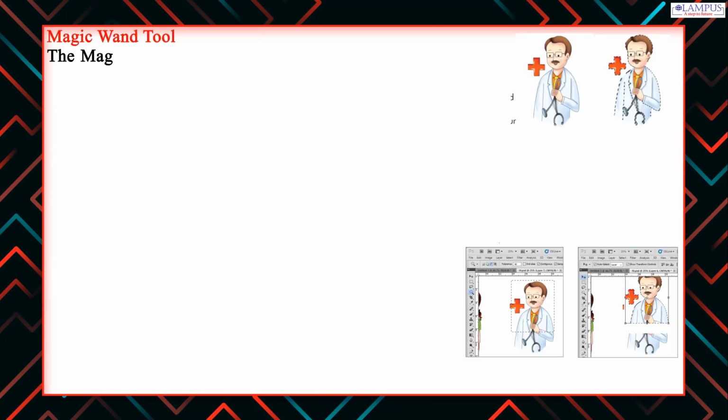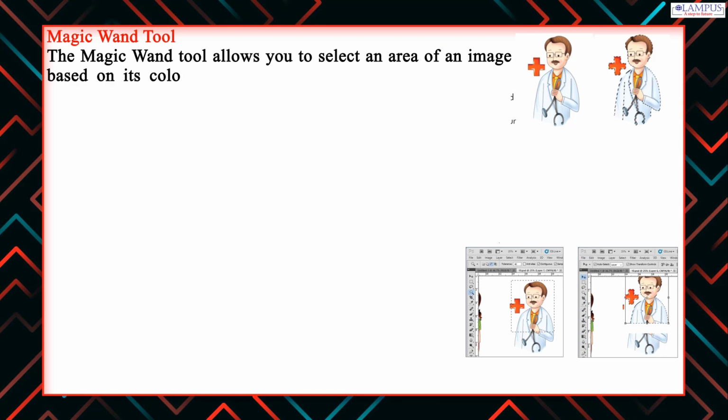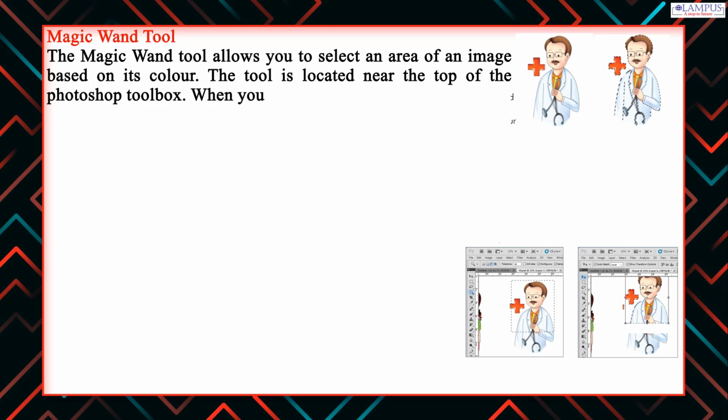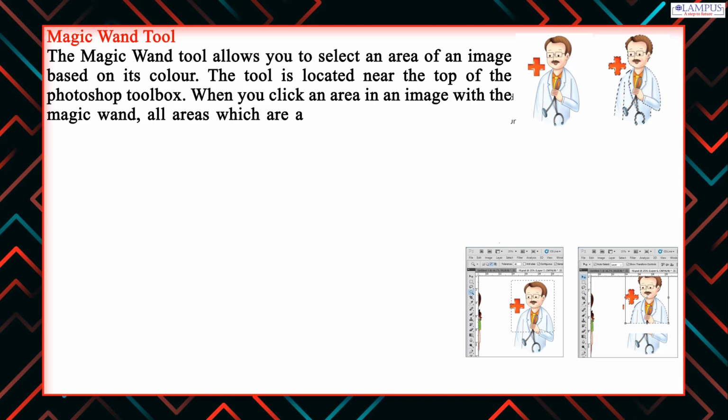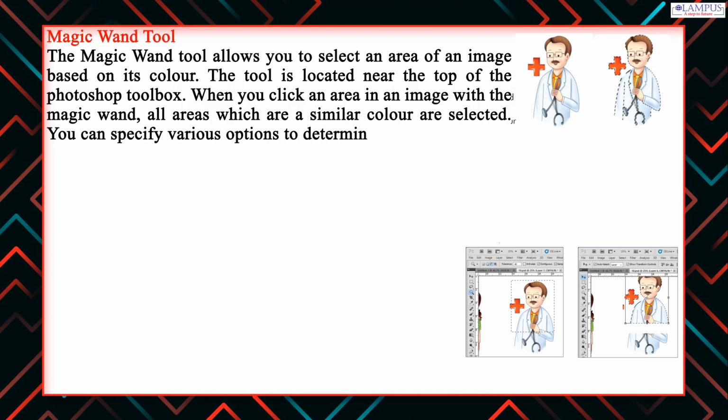Magic Wand Tool. The Magic Wand tool allows you to select an area of an image based on its color. The tool is located near the top of the Photoshop toolbox. When you click an area in an image with the Magic Wand, all areas which are a similar color are selected. You can specify various options to determine the exact selection.